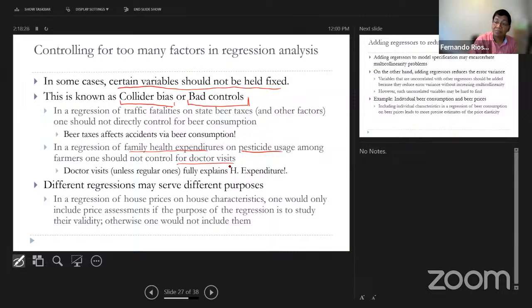So if your model is a predictive model, then it makes sense to include a bad control or collider bias if that's the only information you're going to have by the time you're trying to do those predictions.